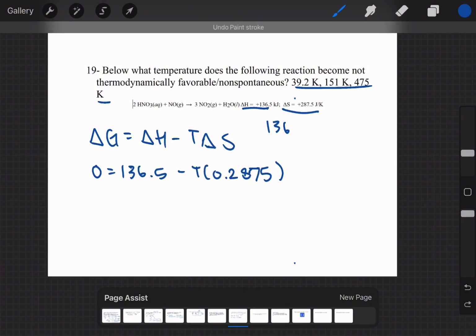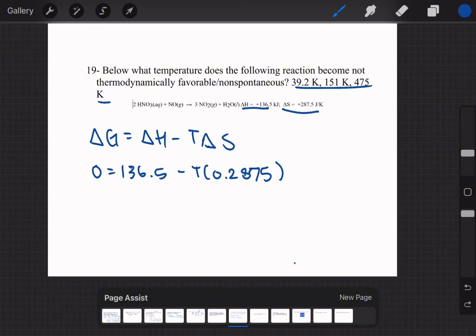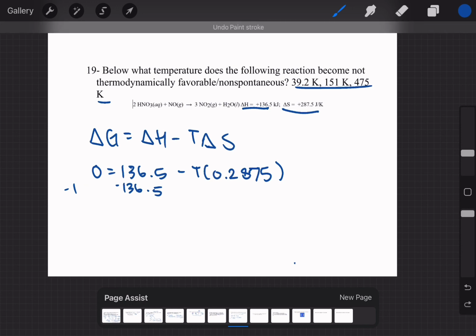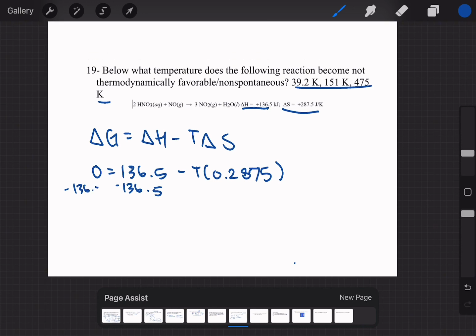We're then going to move our 136 to both sides, so we're subtracting 136 off of both sides. Which then leaves us with 136.5 on one side, and the opposite side equals negative T times 0.2875.